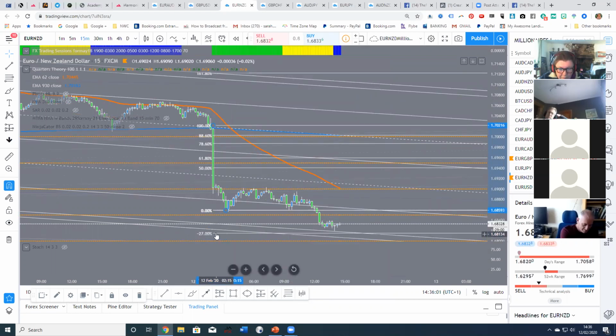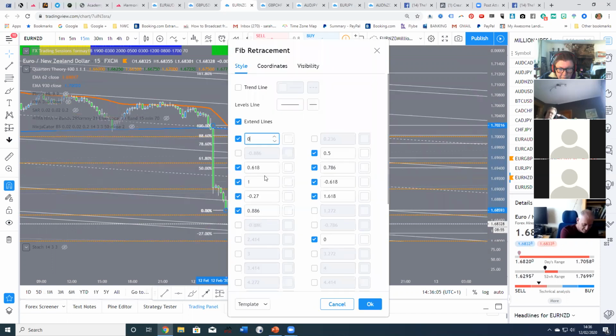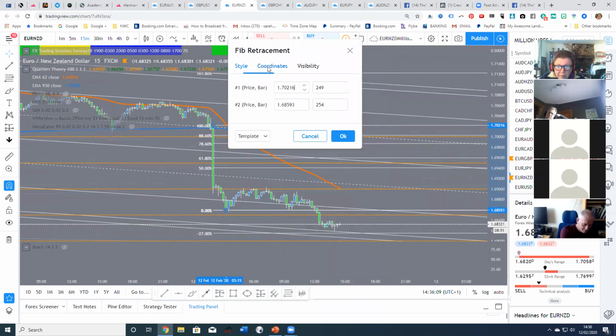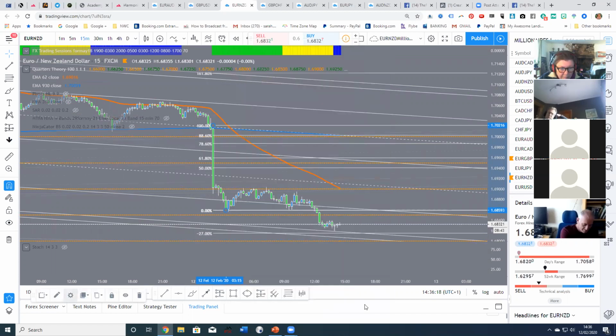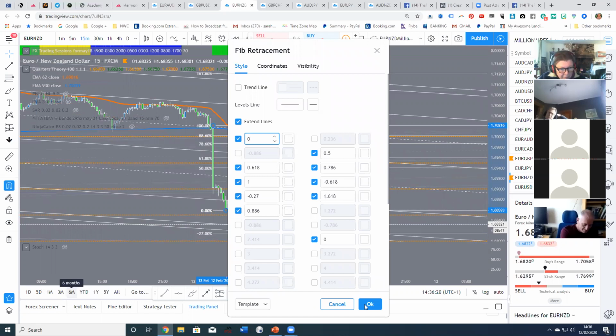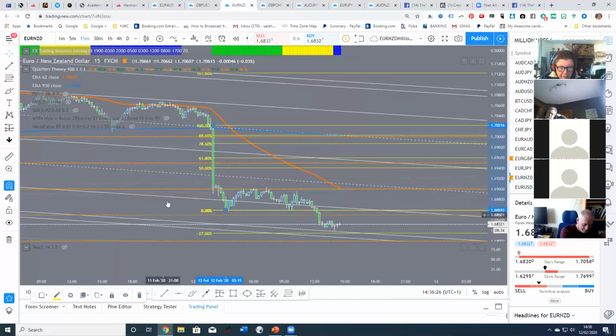It's just that my fib's in white. Perhaps if I did it in yellow. Trend line. I can't remember where the color is on this either. Oh, maybe it's under settings. No. There, that's it. I'll just put it in yellow.